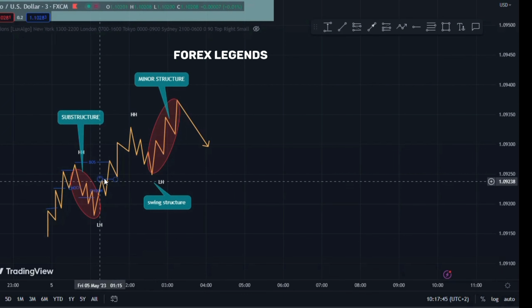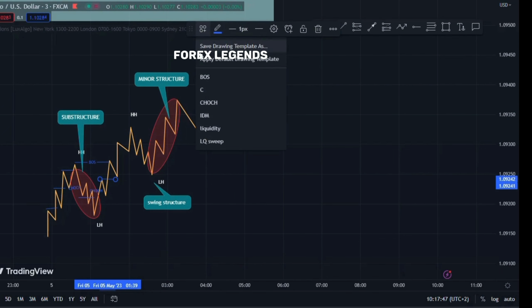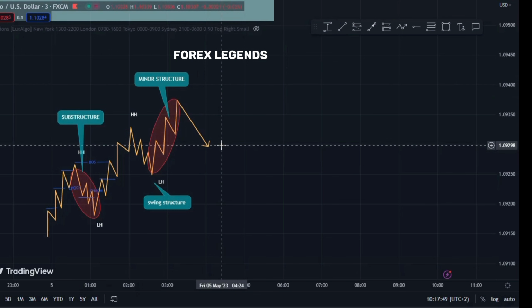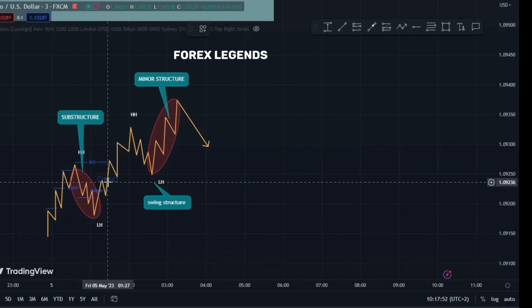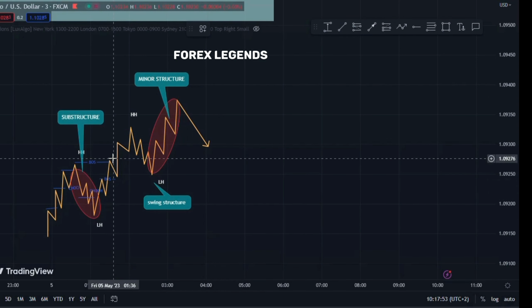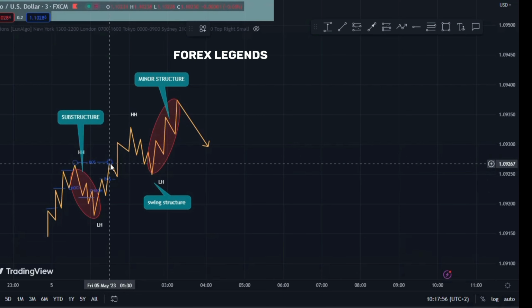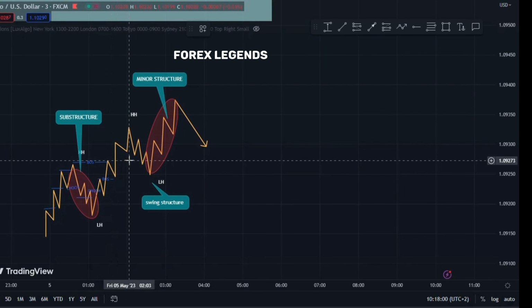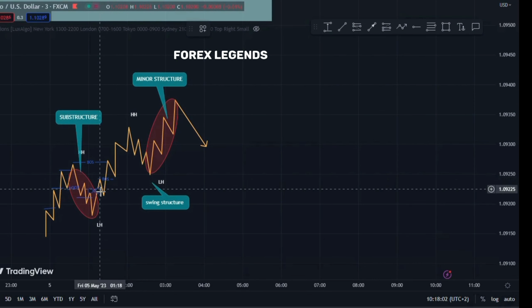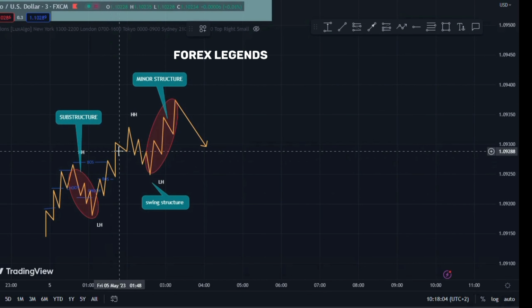I wish I did this in a bigger picture, but it's okay as long as you guys understand what I'm talking about. Yes, as you can see here, price broke structure again. What happens again here? We broke that structure. As you can see, this high was taken out by this move.